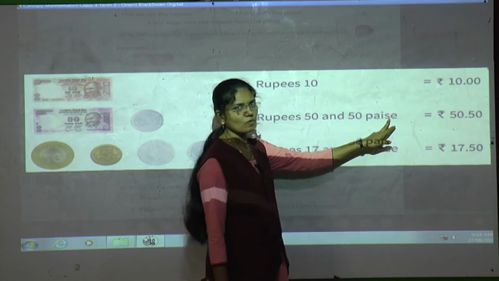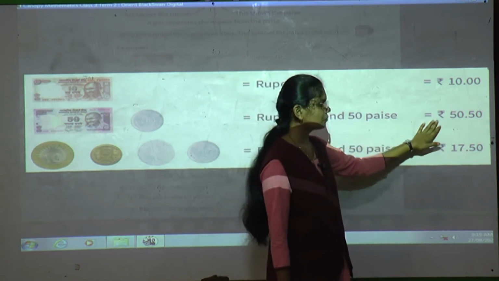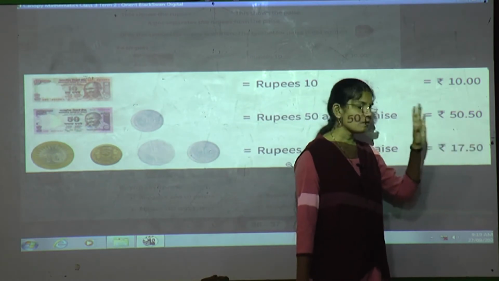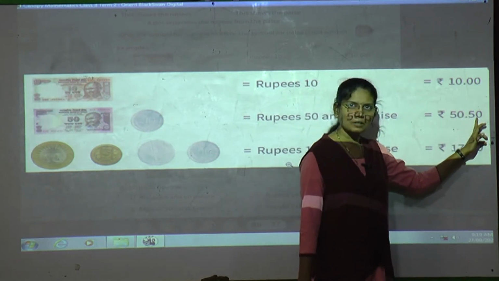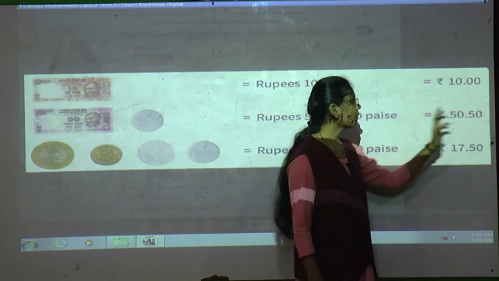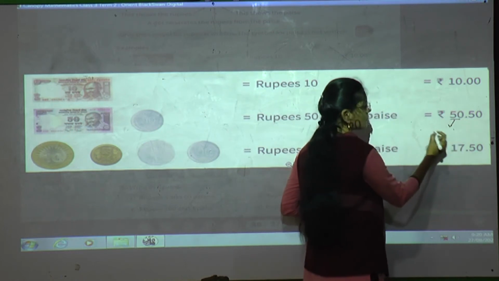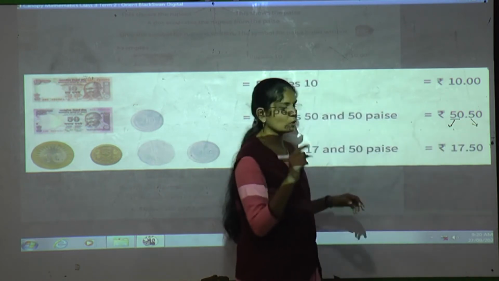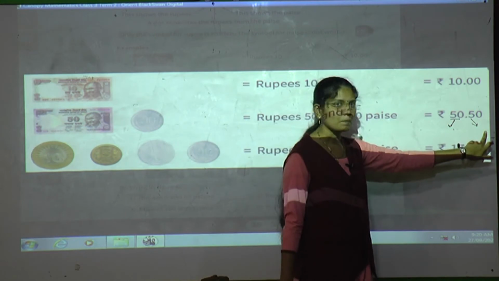Or else there is one more method to write the value in this way also. In figures also you can write the value. See here, rupees 50.50. Now 50.50 means this 50 shows us rupees and this 50 shows us paisa.